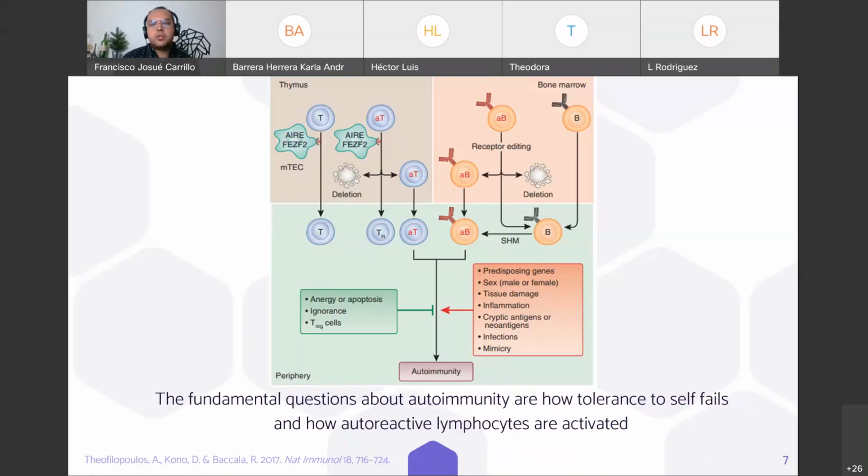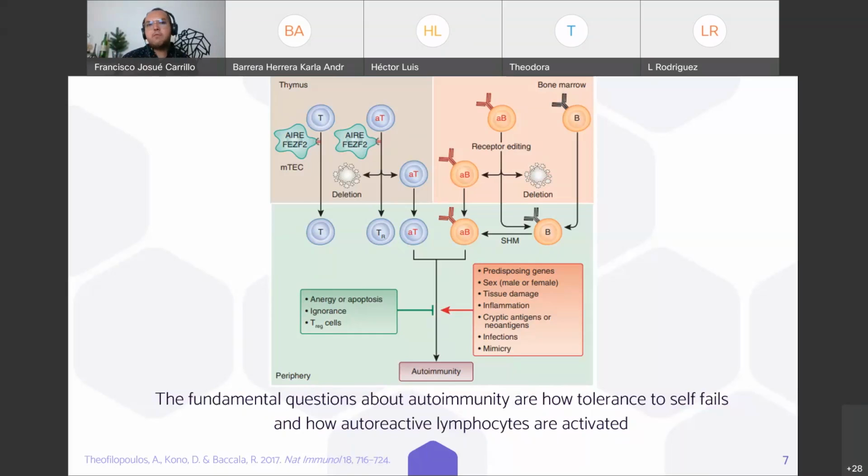This AIRE, or autoimmunity regulator, is a gene that the medullary thymic epithelial cells express, and they are continuously generating self antigens and presenting these antigens through the MHC complex to these T cells to be recognized, and to make these checkpoints that elicit the mechanisms of negative or positive selection.